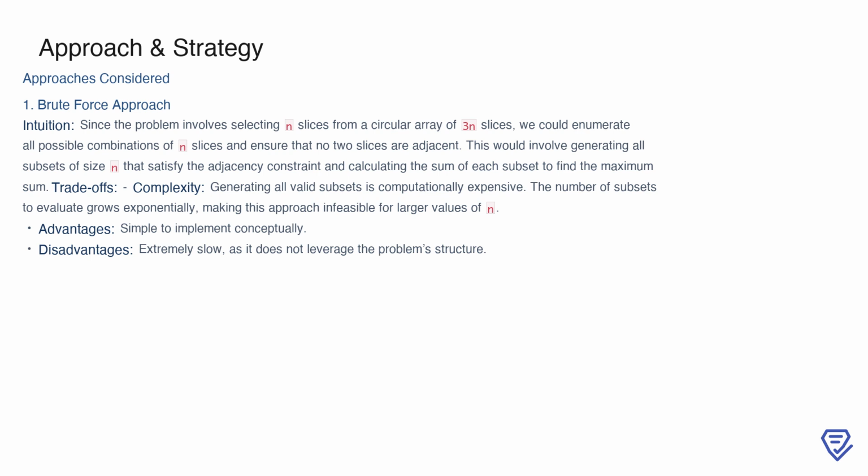While this method is conceptually simple and easy to implement, the trade-offs make it impractical. The number of subsets we need to evaluate grows exponentially as the size of n increases, leading to extremely high computational costs. This approach does not leverage the inherent structure of the problem, making it infeasible for larger inputs.